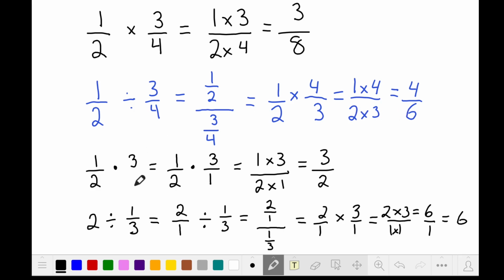And if you ever run into a situation where you've got fractions and non-fractions, you can always turn a non-fraction into a fraction by dividing by 1. Because remember, divisions by 1 don't actually do anything, but even though they don't do anything, they can still be useful. And that's something that pops up a lot in math. In this video and later videos, we'll see how multiplying by 1 and dividing by 1 can actually be really helpful. So now we're going to move on to the trickier version of working with fractions, which is addition and subtraction.